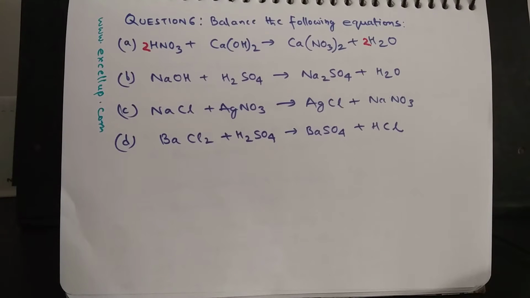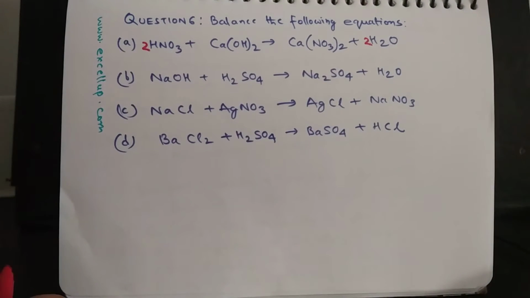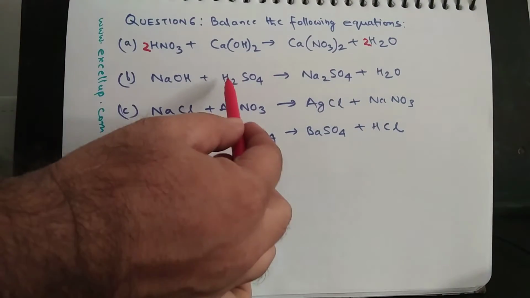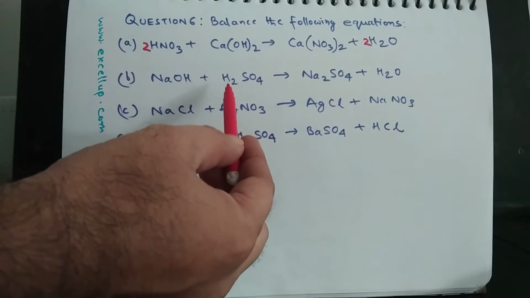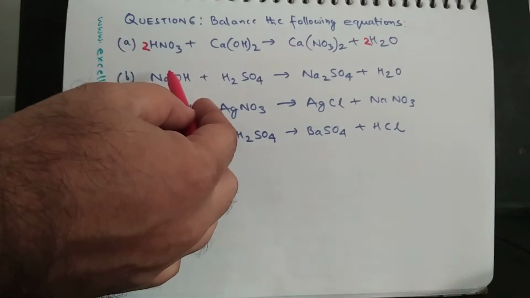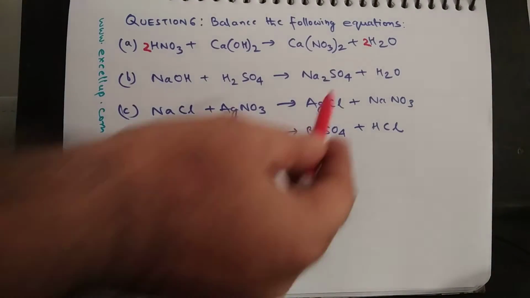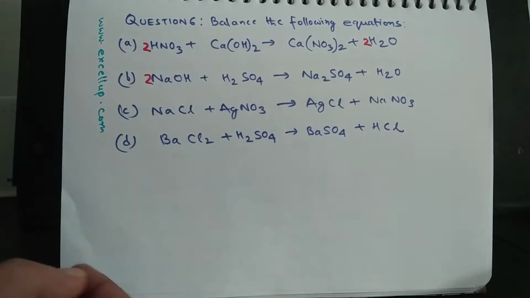Next equation is NaOH plus H2SO4 is equal to Na2SO4 plus H2O. So, sulfate is balanced, hydrogen: here are 2 and here we have 2 plus 1, 3. And oxygen is 1, here it is 1. And sodium is 2. So, we will write 2 over here.